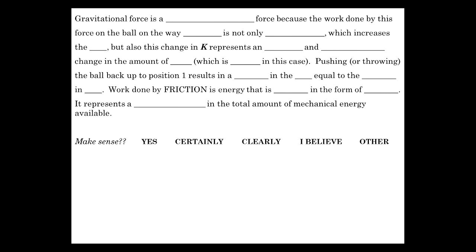So if you're taking notes on this, let's just summarize what we have here in this situation with a falling ball. We have a gravitational force as a conservative force because the work done on the ball on the way down is positive. Positive work, force and displacement in the same direction. Now that increases the kinetic energy, but that's a change in K, positive in this case, representing an equal and opposite change in the amount of gravitational potential energy.